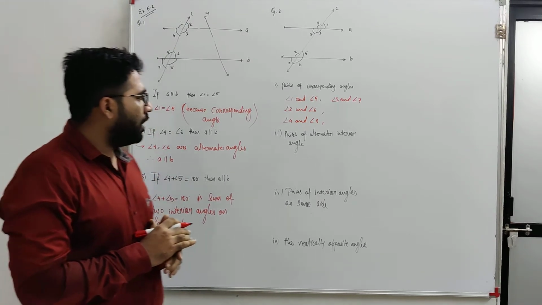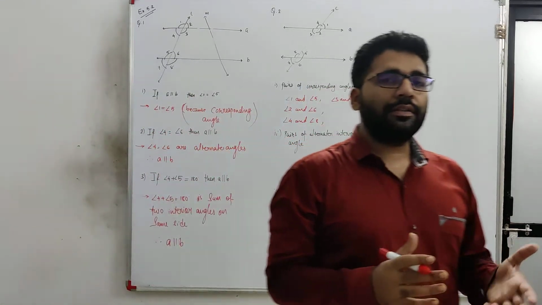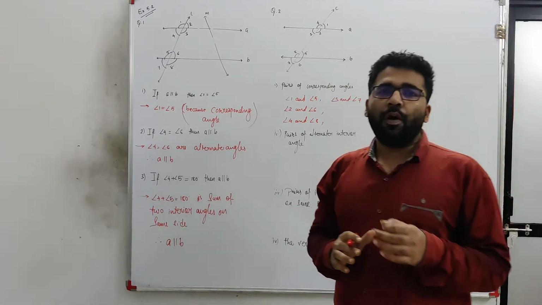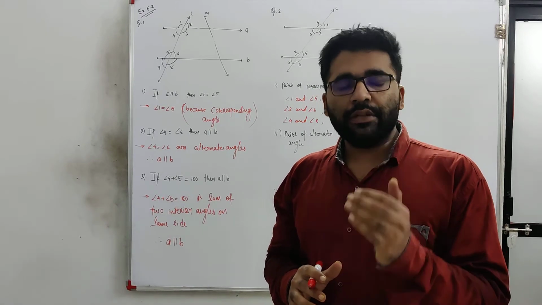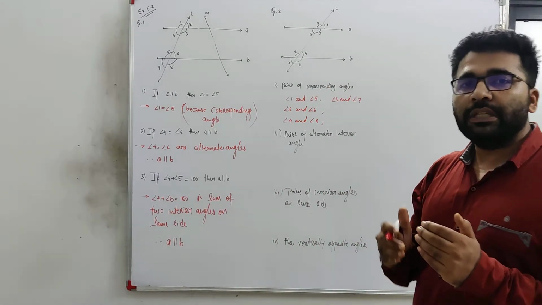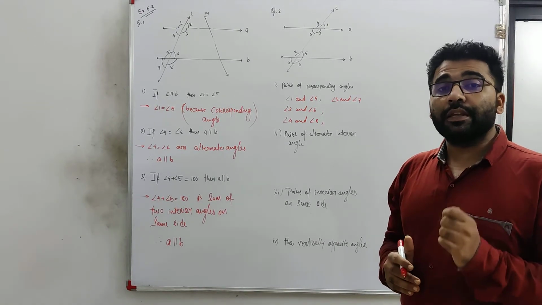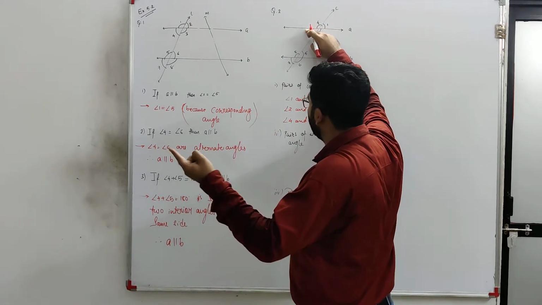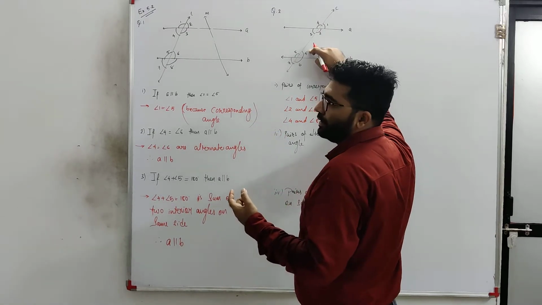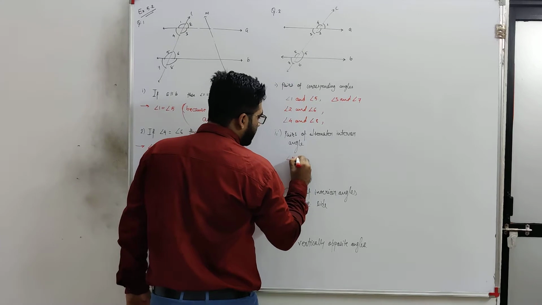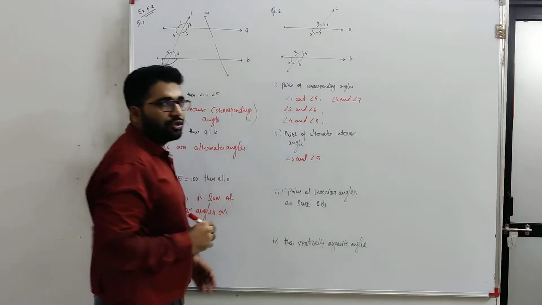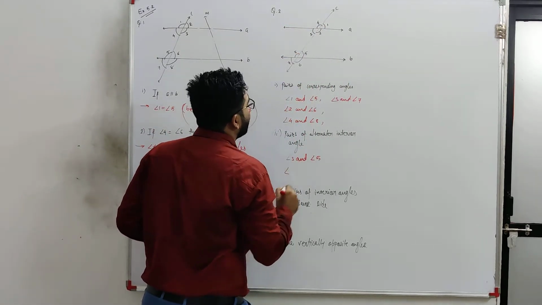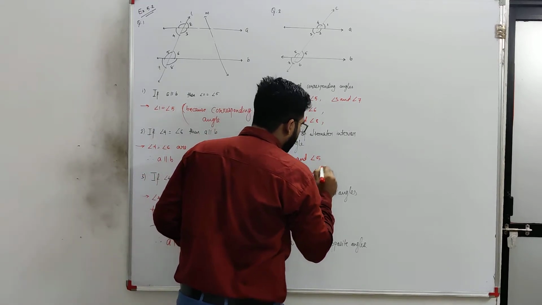Now, second, pairs of alternate interior angles. The definition: angles formed in the interior region on one side of the transversal by one line, and in the interior region on the other side by the other line, are alternate angles. To identify them, we look for the letter Z. So angle 3 and angle 5, and angle 2 and angle 8.